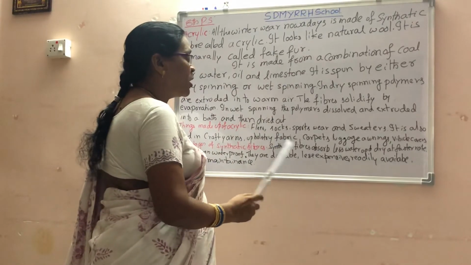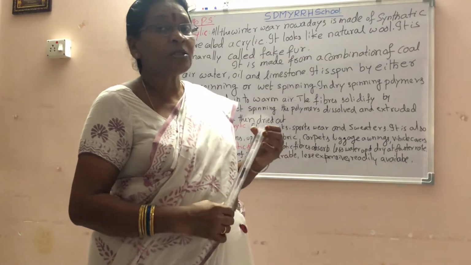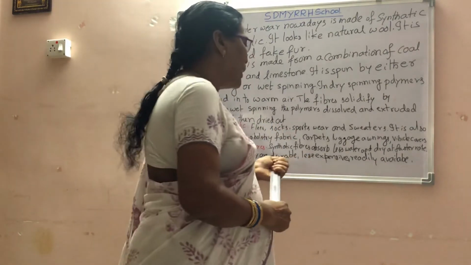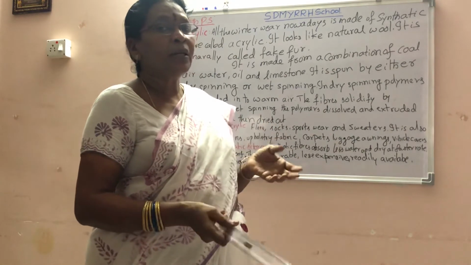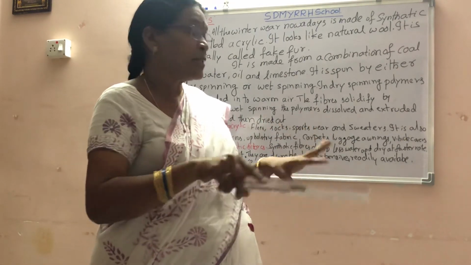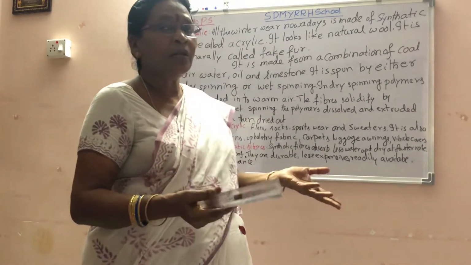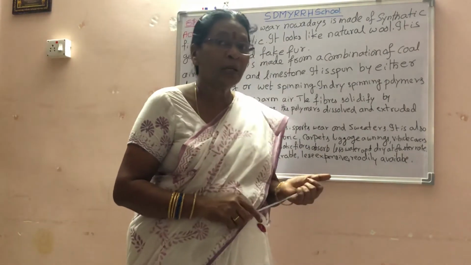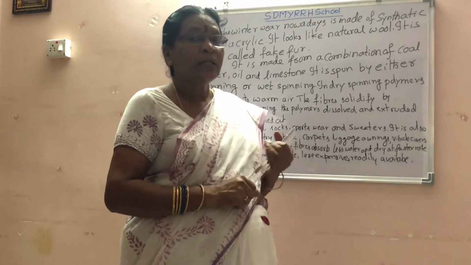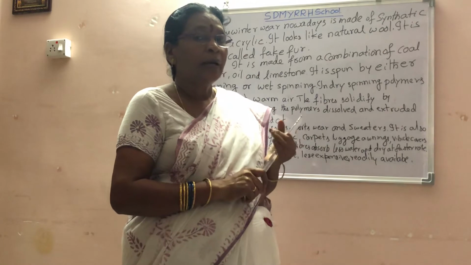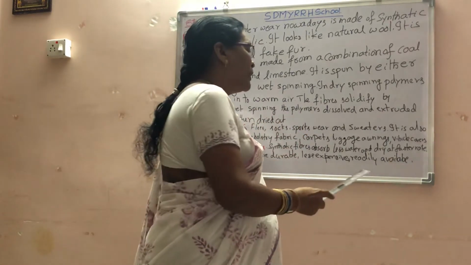Less expensive: the cost of synthetic fibers is less, so the common man can use them. Why is the cost less? Readily available. It is available every time. Cotton is costly, not durable and not available every time.